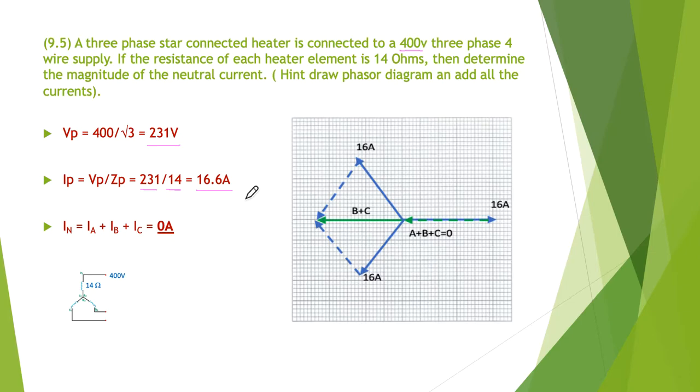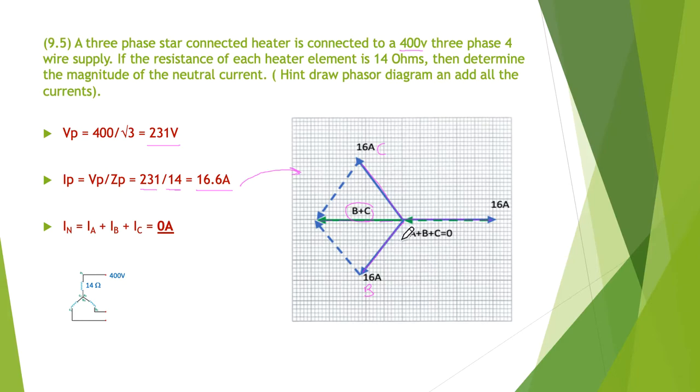So over we go from here to our phasor diagram, and I simply drew in the three currents. So 16 amps here, 16 amps here, and 16 amps here. I then did a phasor addition of B and C. So this is B, and this one was C. I did a phasor addition and ended up with the green arrow through here.